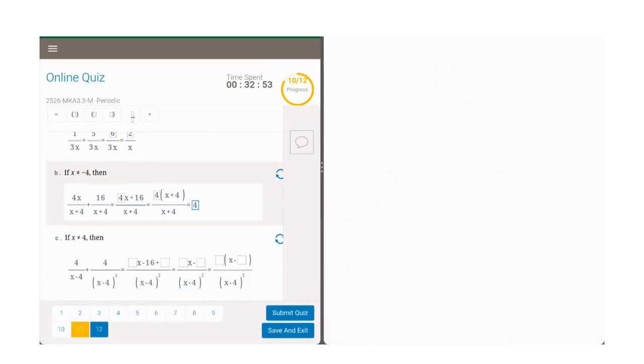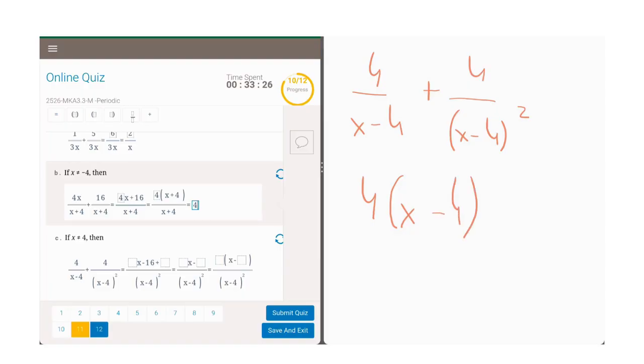Now for the last question, we have 4 over x minus 4 plus 4 over x minus 4 squared. For the least common denominator, we just take the common factor with the highest power. So in this case, it would be x minus 4 all squared. All we need to do is multiply the first fraction by x minus 4, so its denominator becomes x minus 4 squared. After you multiply, you'll get 4 into x minus 4.